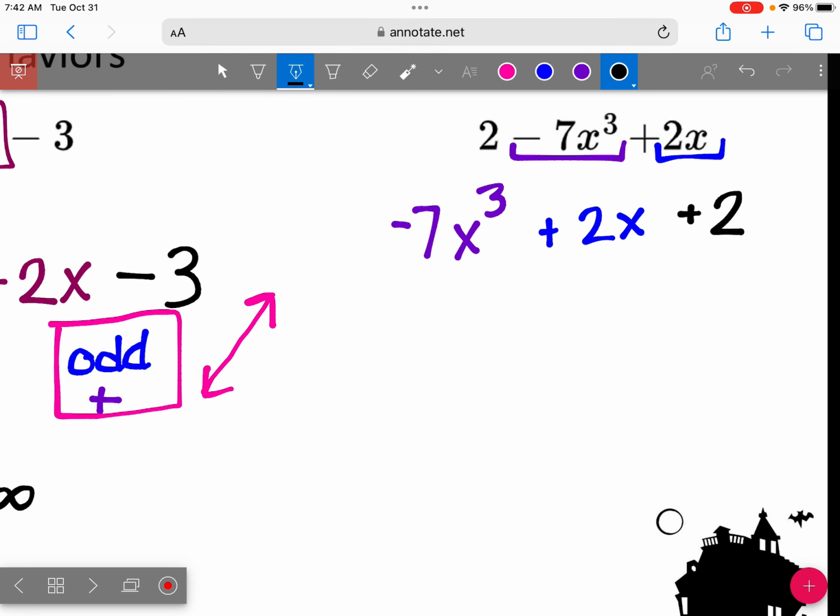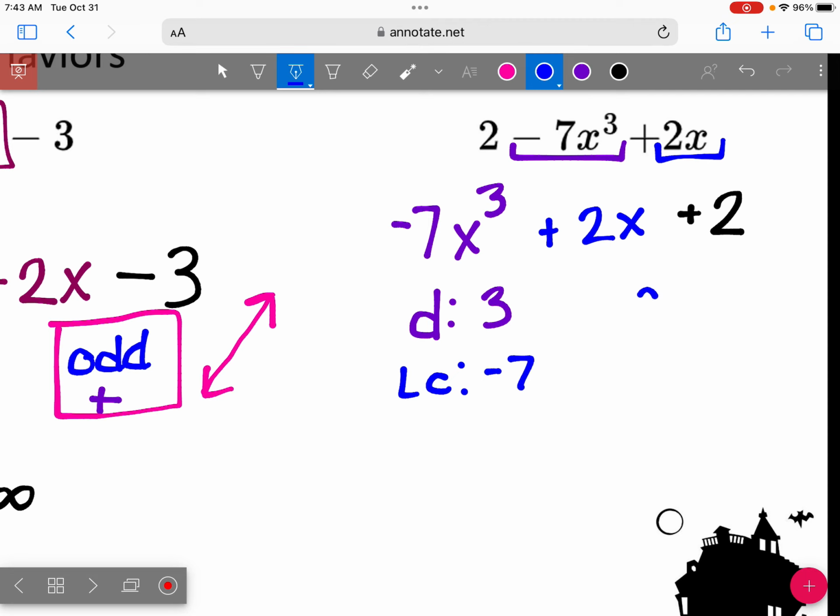So we get this down to a trinomial. What is our degree? 3. Our biggest exponent. And what is our leading coefficient? Negative 7.